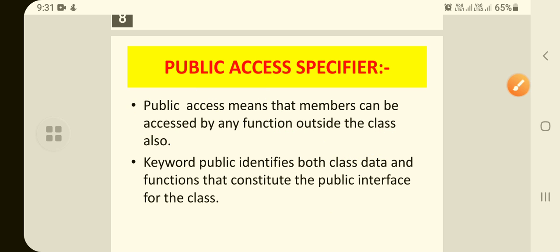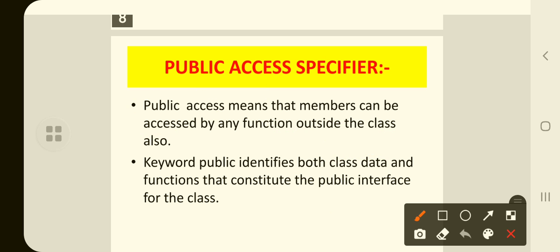Okay. Then here see, the keyword public identifies both the class data and functions that constitute the public interface for the class. Okay. So if it is declared public, then class data and functions combined will form the public interface.